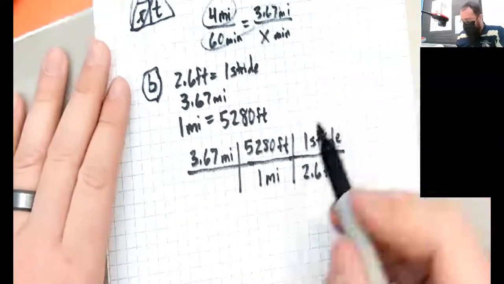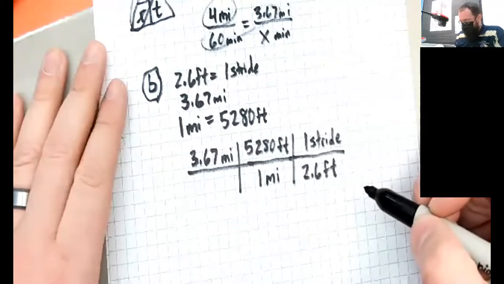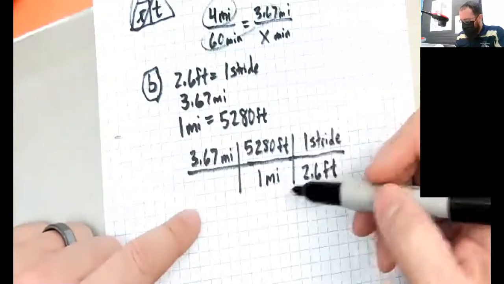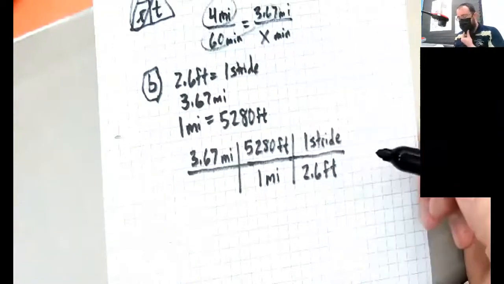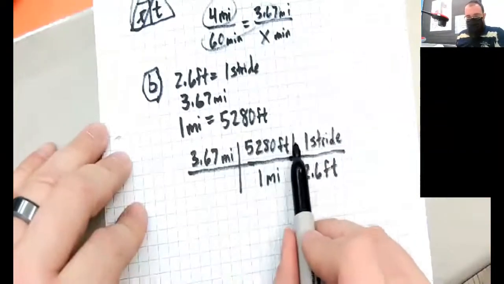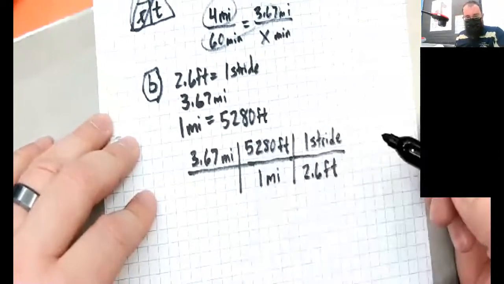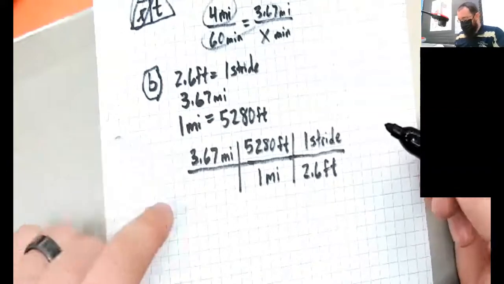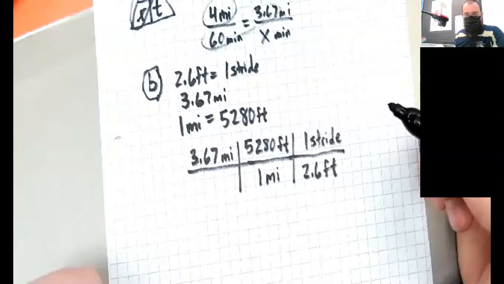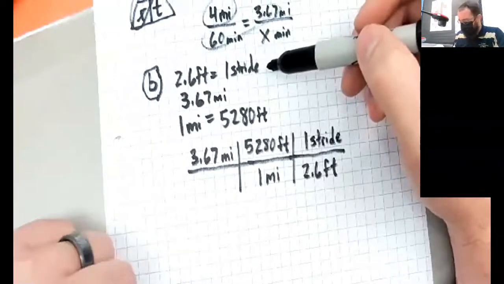Now, what this table does is it's multiplying a bunch of fractions together. I know that there's a ratio of feet to miles here and a ratio of stride to feet here, and a multiplier at the beginning. Everything at the top is multiplied by each other, and everything in the bottom is divided from the top. I use it to set up that all my units cancel out, and I'm left with the unit I want, because ultimately I want to know how many steps he's taking, or strides.